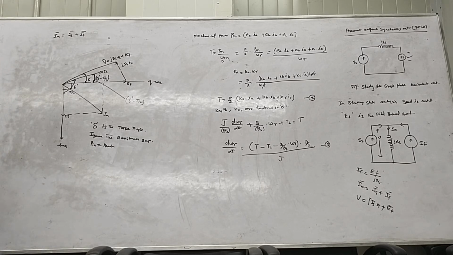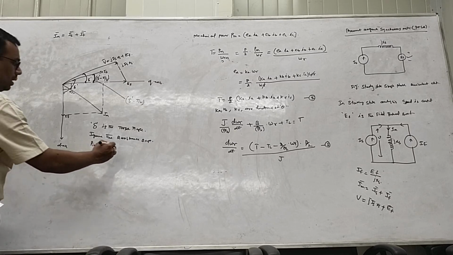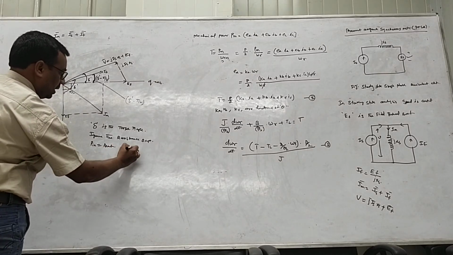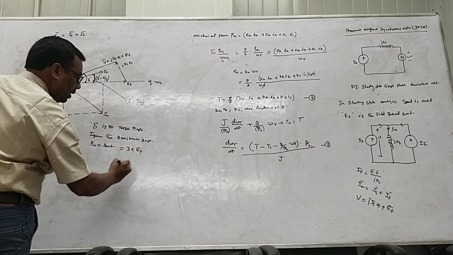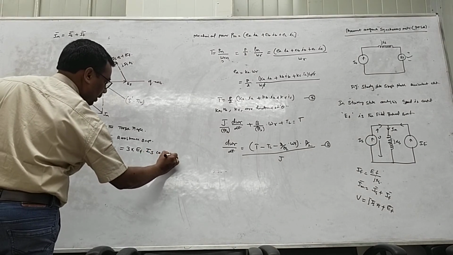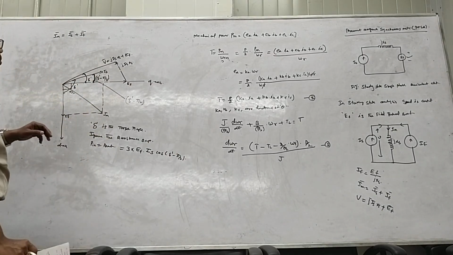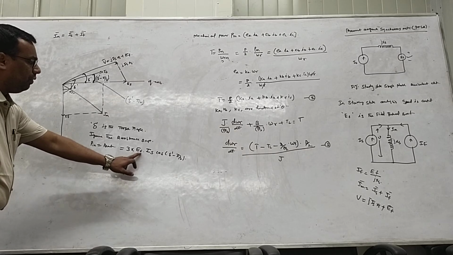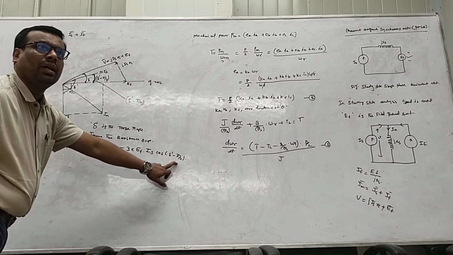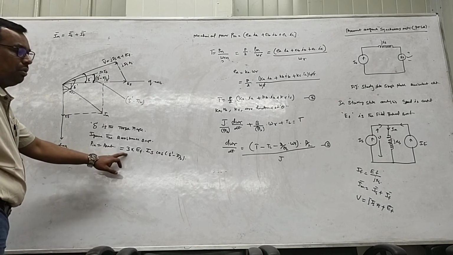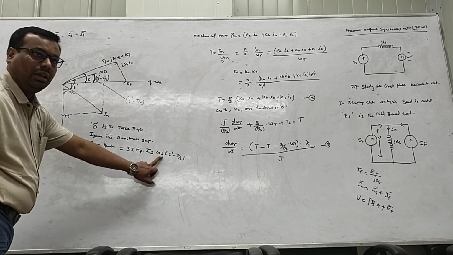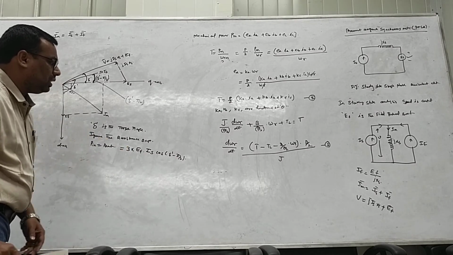In the case of a permanent magnet synchronous motor under sinusoidal excitation, as I explained in the previous class, P input is 3 into the field induced EMF into the current IS into the cosine of the angle between EF and IS, which is cos of delta prime minus pi by 2, because now we are doing it for only one phase.